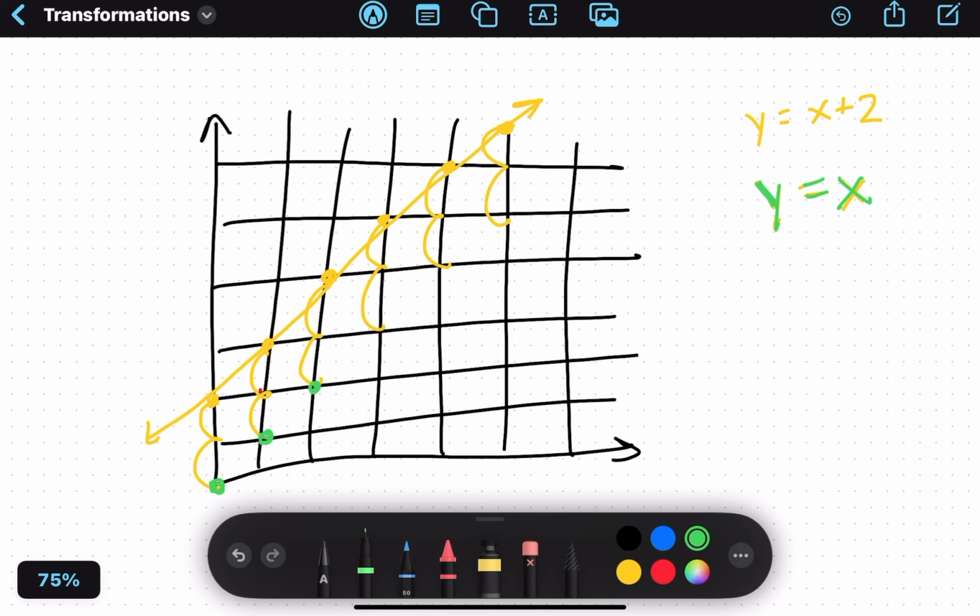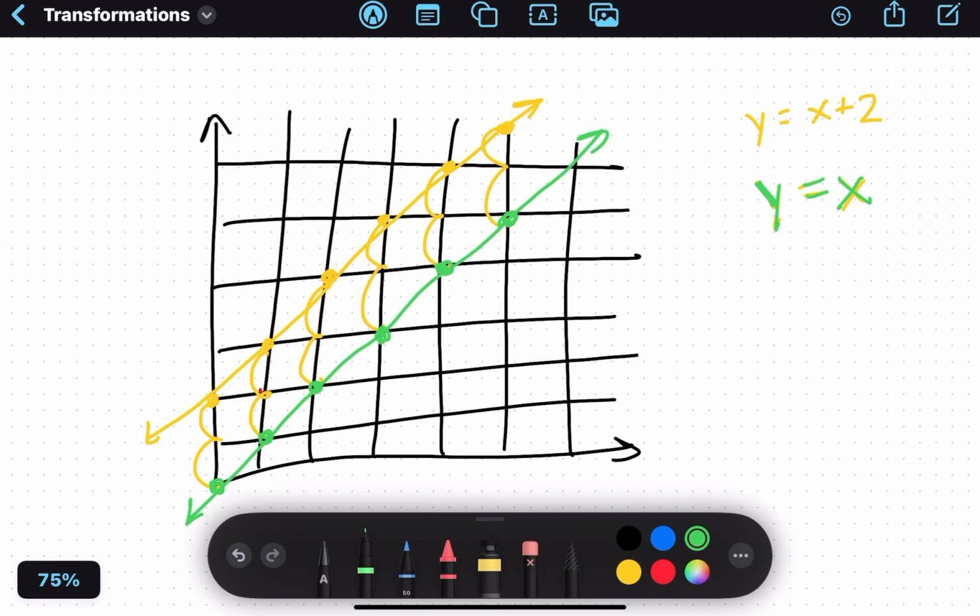These would be our new points because they're shifted 2 units down. And then we can make a line like so. And then this would be our new graph. That would be our transformation. So it's really easy to do it graphically. All you have to do is really just know your directions and know how to count. It's as easy as that.